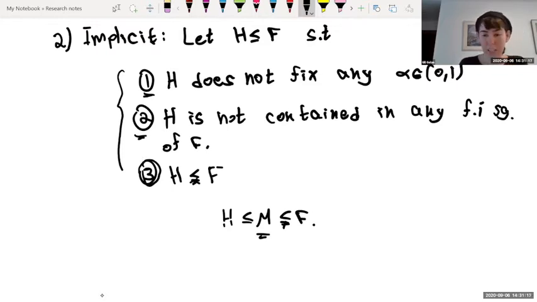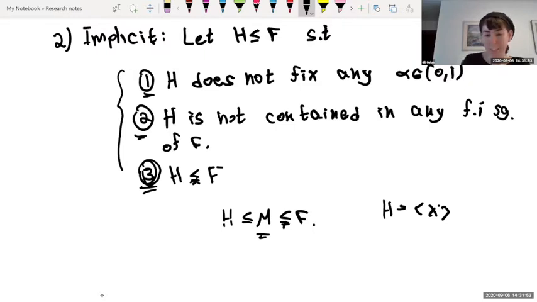Okay, so generally speaking, if I give you any finite set of elements in F, and let's take H to be the group generated by this finite set of elements, then it's very easy to check whether H doesn't fix any number in the interval 0, 1. And it is very easy to check if H is contained in any finite index subgroup of F. You just look at the image in the Abelianization, and you have to check whether the image is onto or not. And the only difficulty, generally speaking, is in checking whether the third condition is satisfied. Okay, is in checking whether H is a proper subgroup of F.